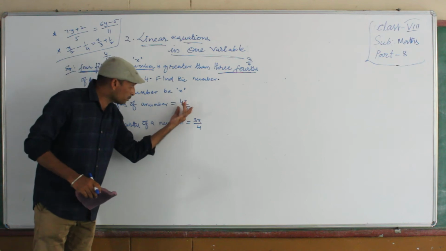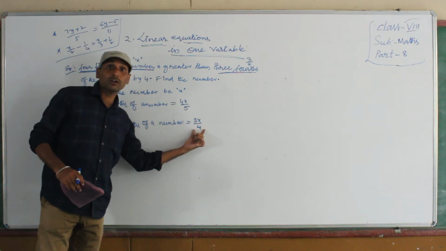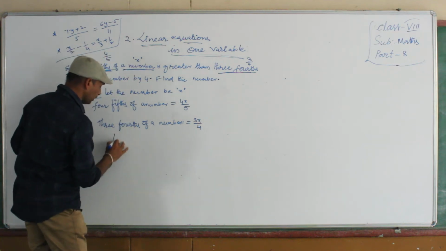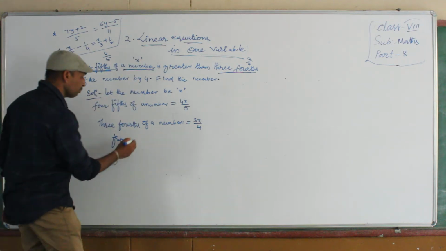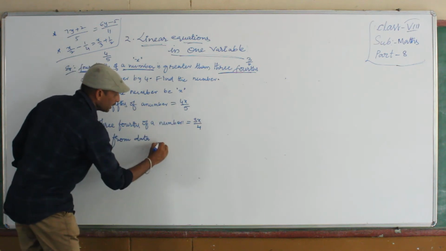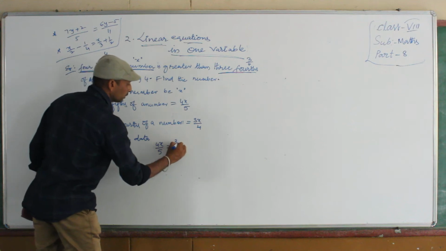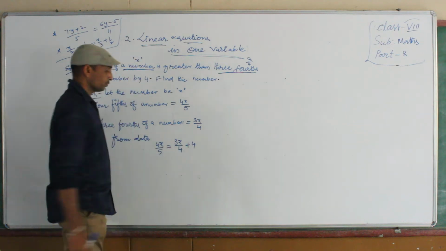This number is greater than that number by 4, so according to the given problem, 4x by 5 is equal to 3x by 4 plus 4.